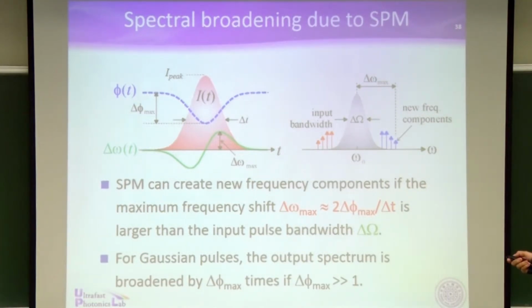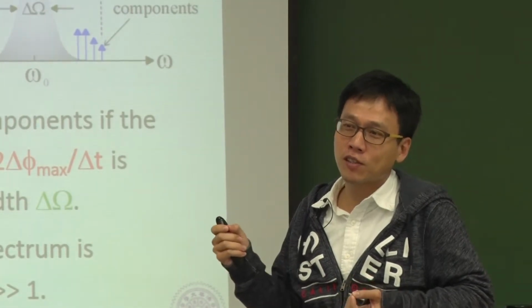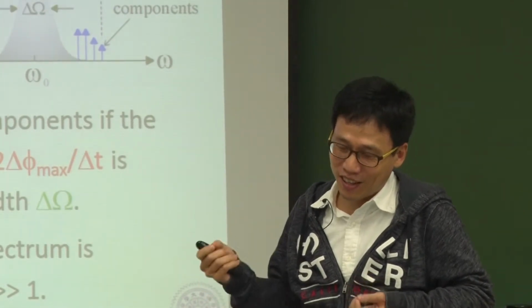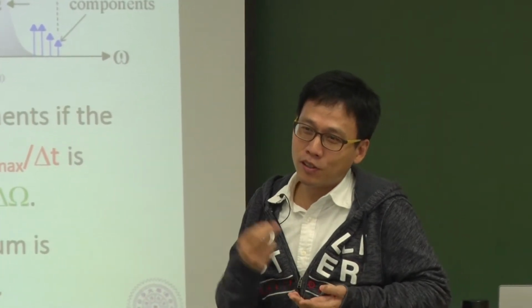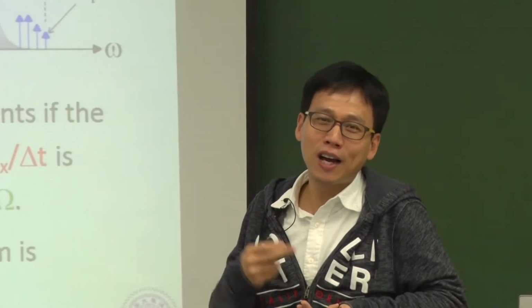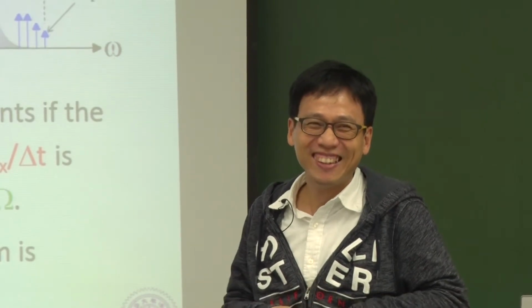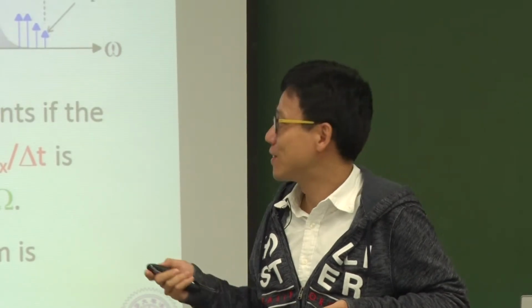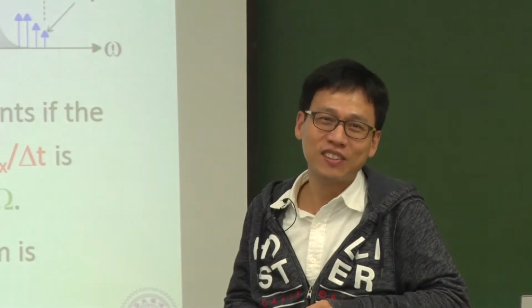But if you observe a different delta omega, you see different combinations of two instants, and the corresponding phase difference, and always the phase difference matters, is pi, 3 pi, 5 pi, and so forth. What do you have? Destructive interference.